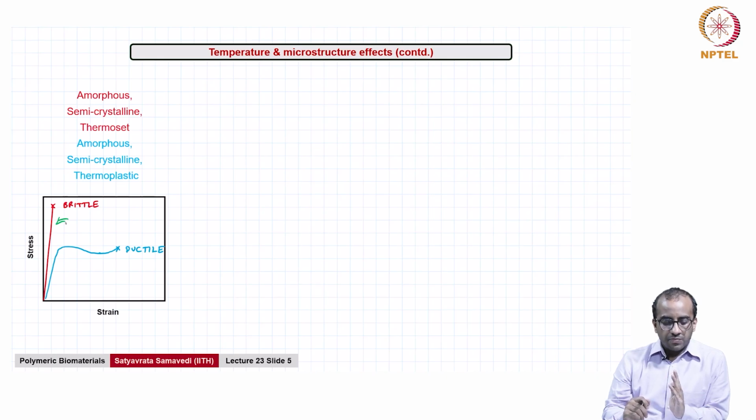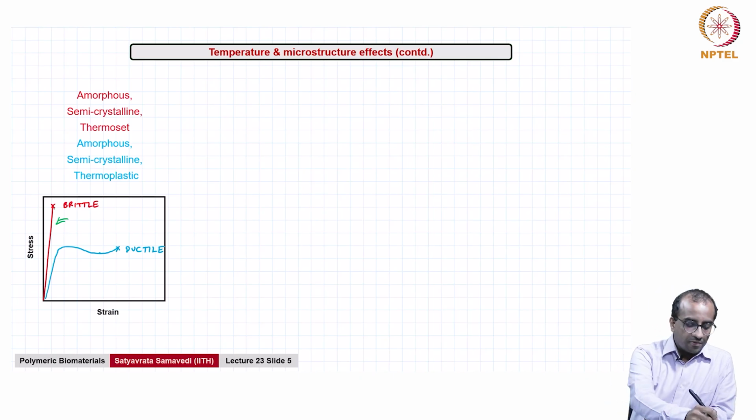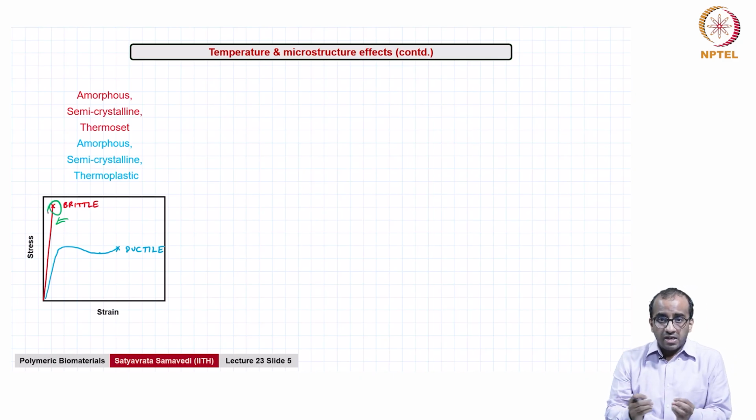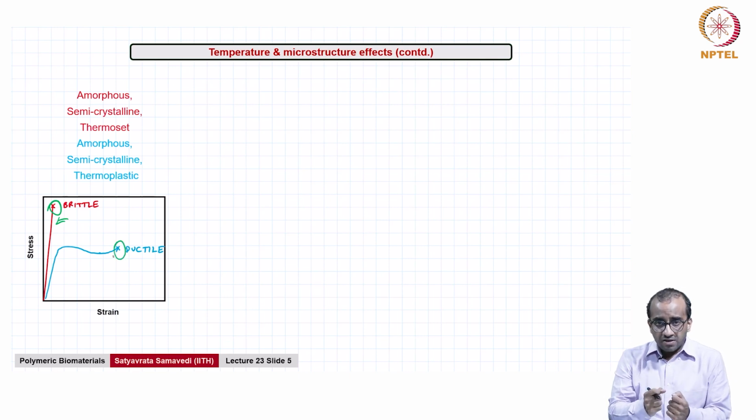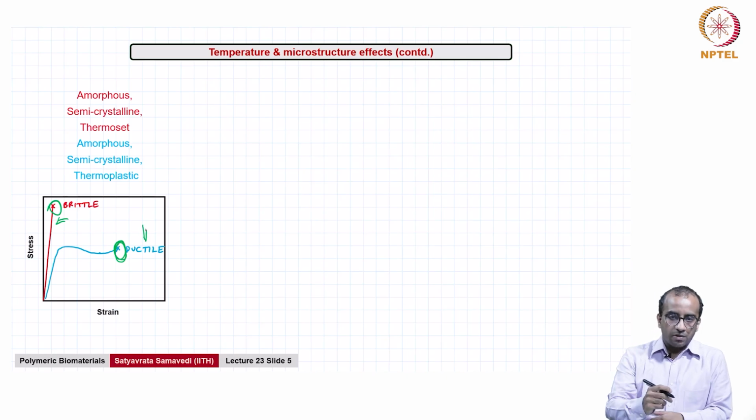It is also going to fracture or fail catastrophically here without any significant deformation, whereas the ductile material is going to plastically deform and yield quite a bit before it is going to fail here. So, those are the two extremes, and you can have amorphous, semicrystalline, thermoset kind of polymers showing brittle behavior. You can have amorphous, semicrystalline or thermoplastics showing ductile kind of behavior.